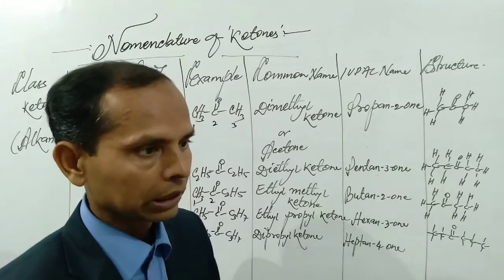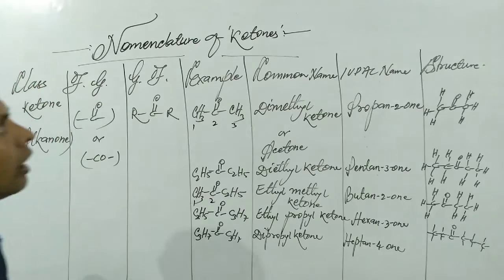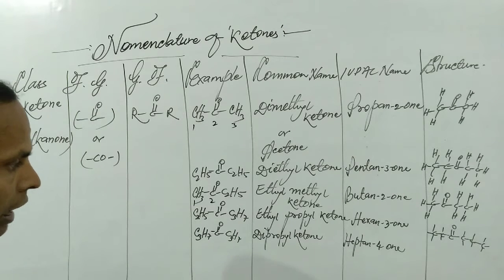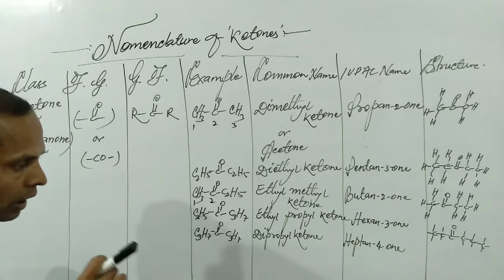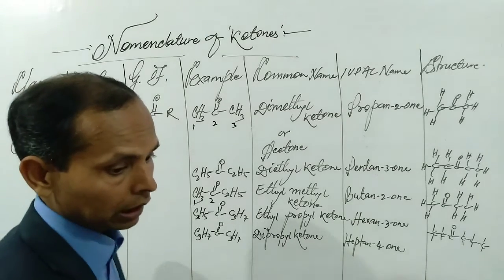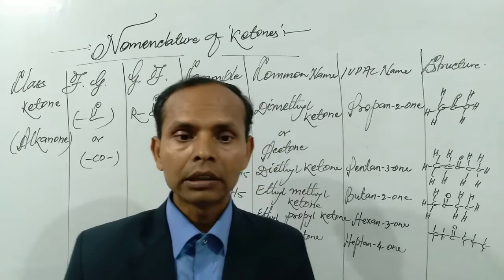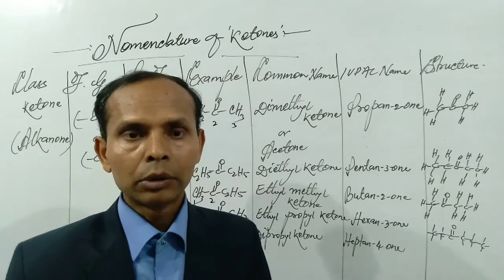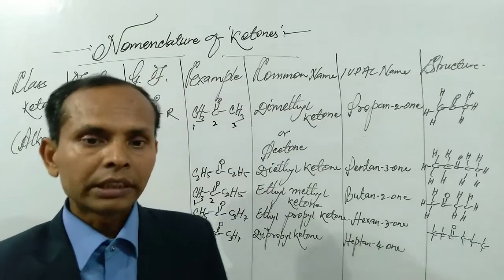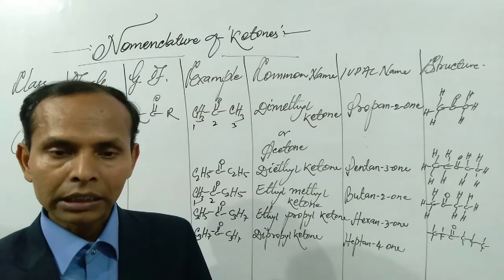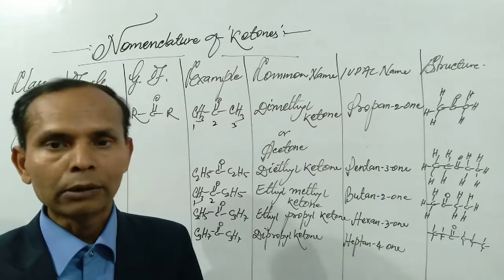This is the structure. In this way, a large number of compounds can be written in case we have to give different functional groups on either side of it, and the same functional group can also be given. But one thing we have to see, that the total number of carbon atoms cannot exceed 10, because only 10 carbon atoms can be given in the form of parent hydrocarbon.